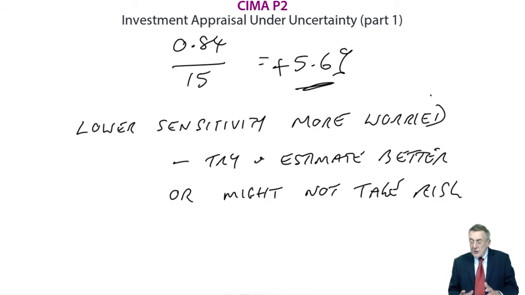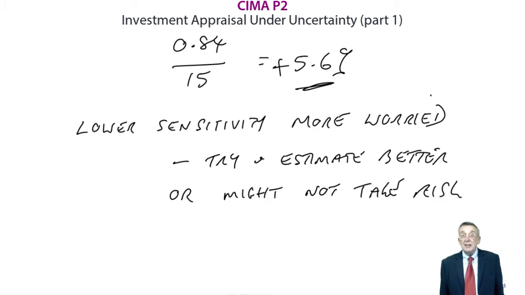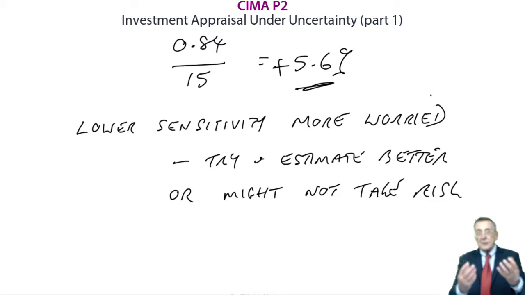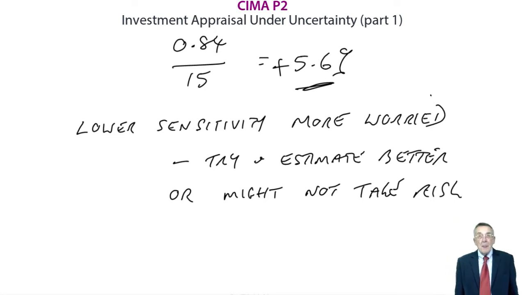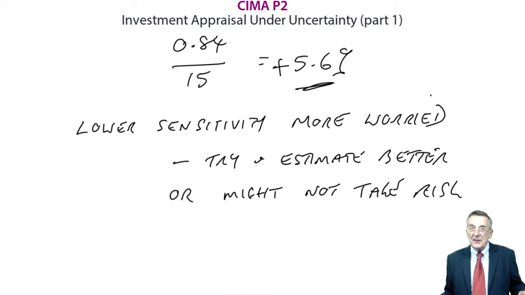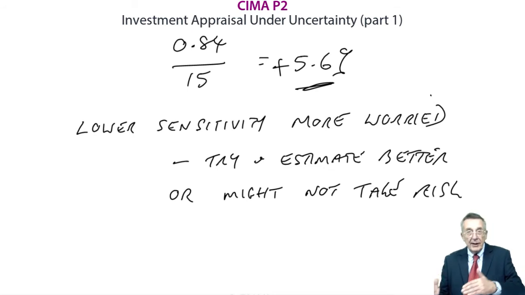So there's how we use it and what the advantages are. The huge disadvantage is that, in real life, all the factors are uncertain at the same time. We look at each one separately. For each one, we say, let's assume everything else is certain. But in practice, if two of these change at the same time, a much lower change in both of them would affect the decision.